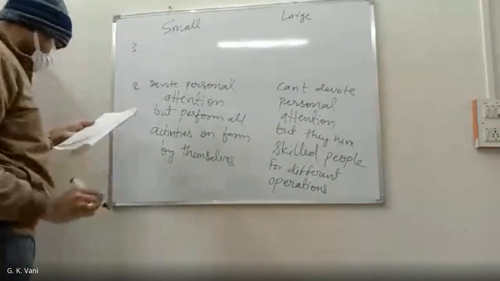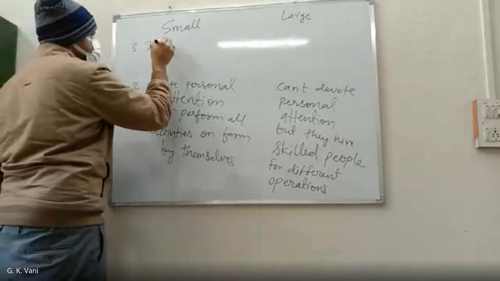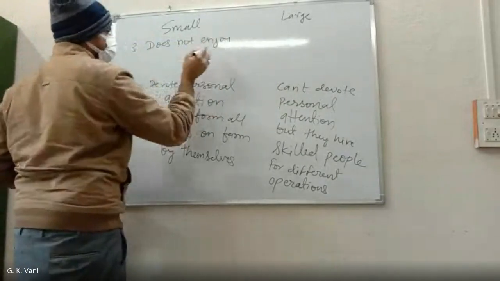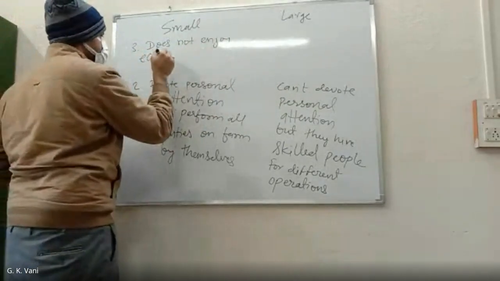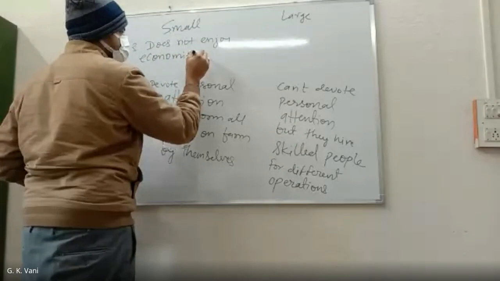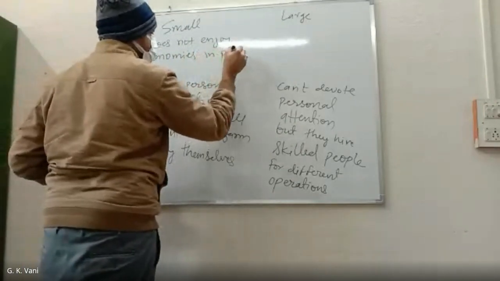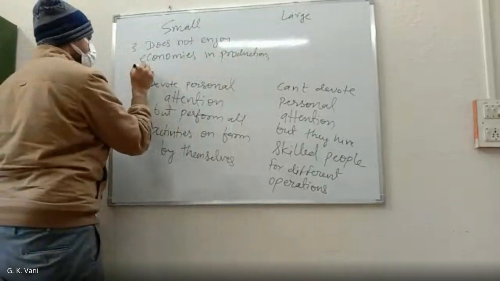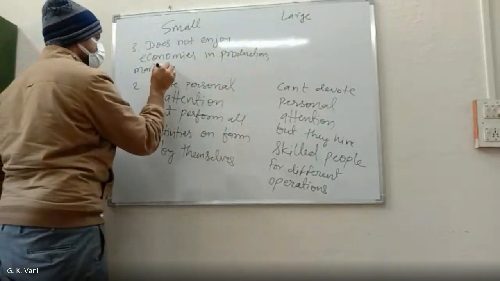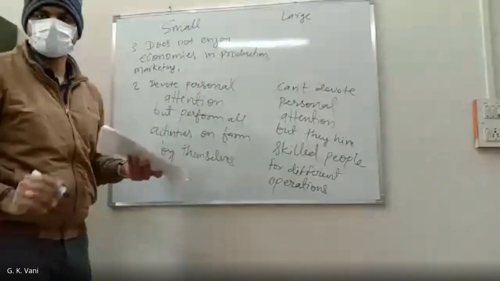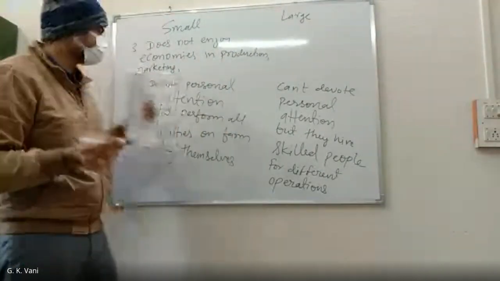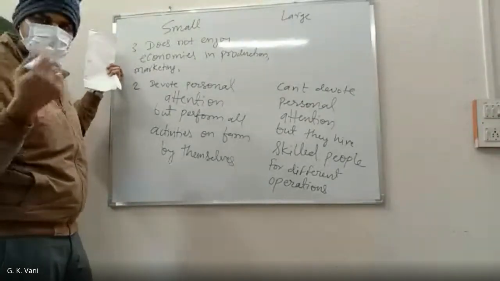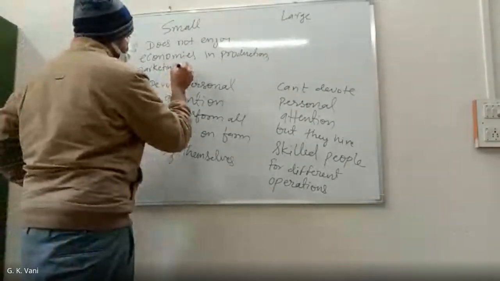The third point is that these small farms do not enjoy economies in production, marketing of both input and output, because you have come across a course on agriculture marketing, so you now understand marketing is not just input marketing, it's not just output, it's both. And finance.